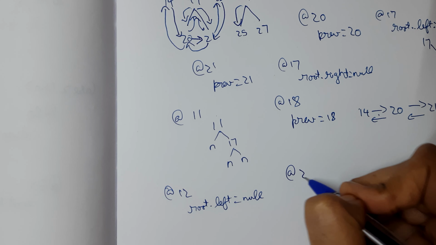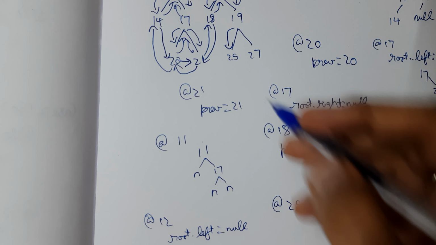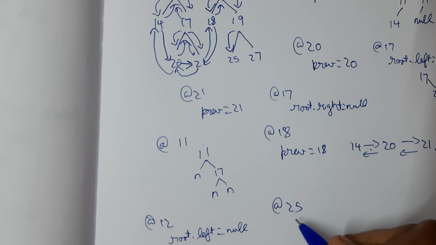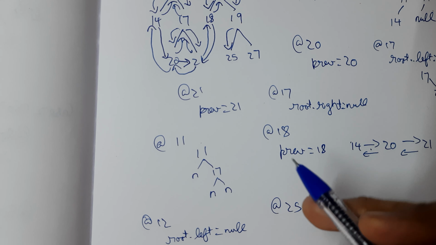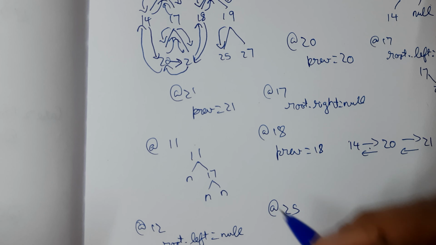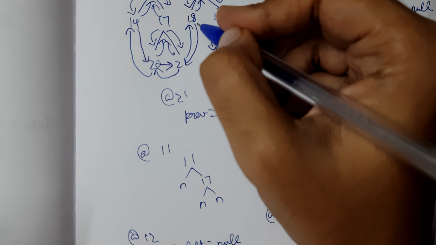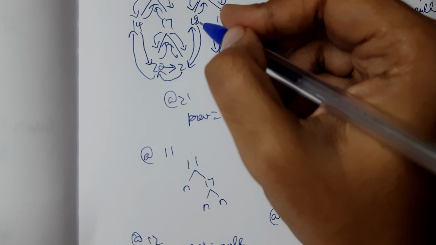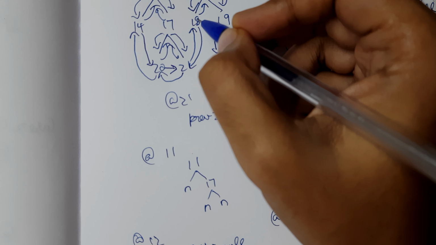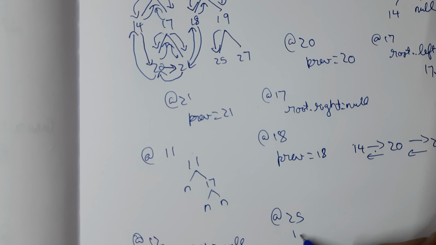At 25 we again check that 25 is a leaf node. So the value of previous is now 18, and we take the left pointer of 25 and point it to 18, and the previous dot right value will be pointing to the root value, that is 18.